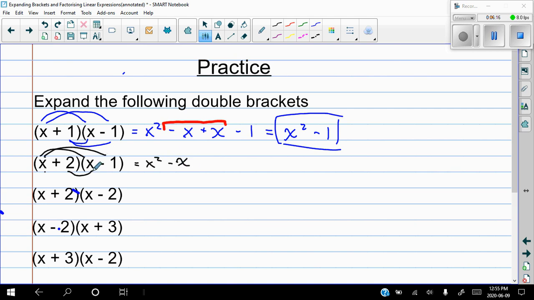Then we have 2 times by x, so we get 2x. And 2 times -1, which is -2. Then we've got to look at these inside two terms. So we have negative x plus 2x, which is x, so x squared plus x minus 2.